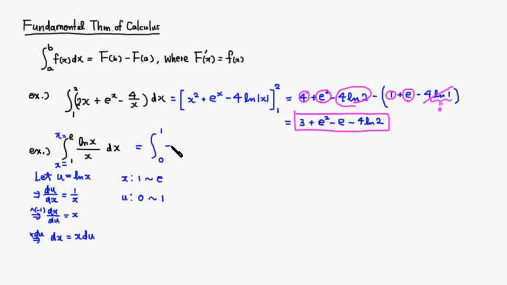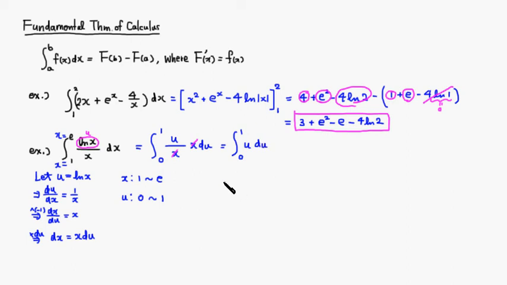Then the x on the bottom, I'll keep it because I'll be able to cancel it later. We decided to call natural log of x u, so we have a u on top. Then dx, we just found out, is x times du. So we can cancel x and x, and to clean it up, you get the integral from 0 to 1 of u du.